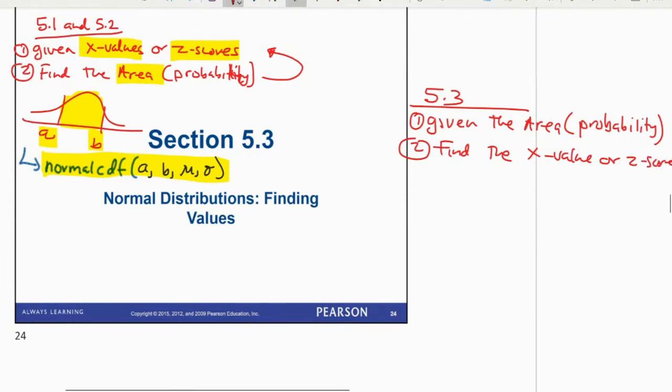All right, so that is what we will be doing today. You are given the area, and then they say find the X value or find the Z score. How do you go about it?